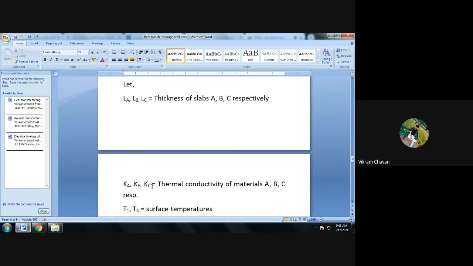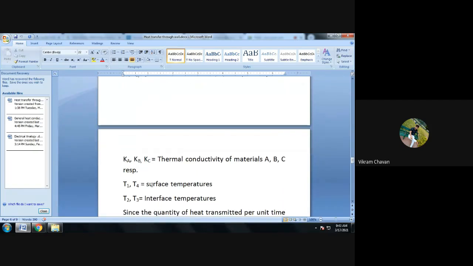Then we have discussed that T1 and T4 are the surface temperatures, the exterior wall temperatures, and T2 and T3 are the interface temperatures.